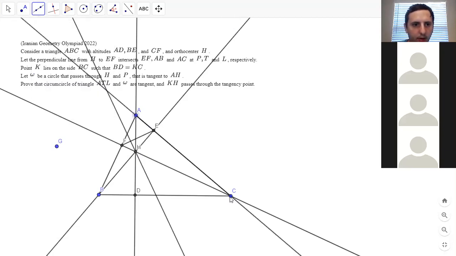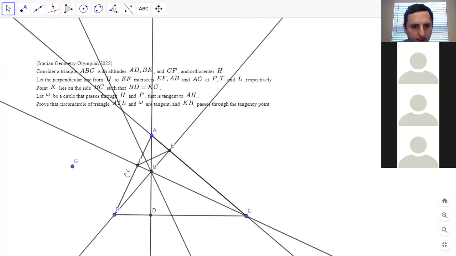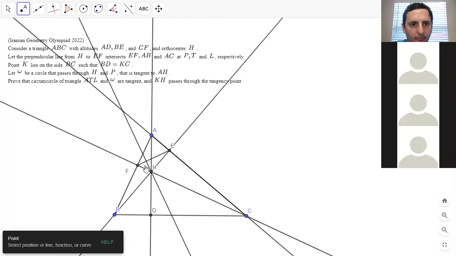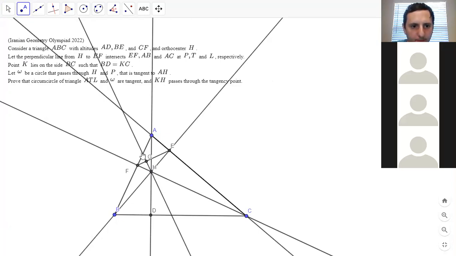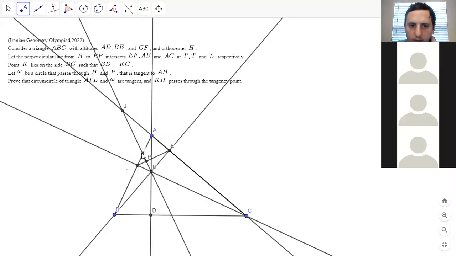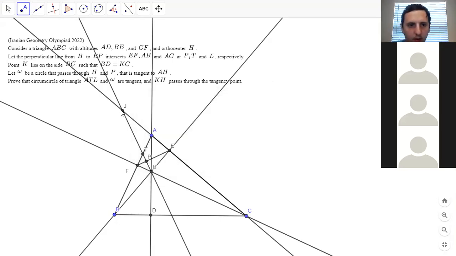So it does it at P, T, and L. That's P, this is T, and this is L.